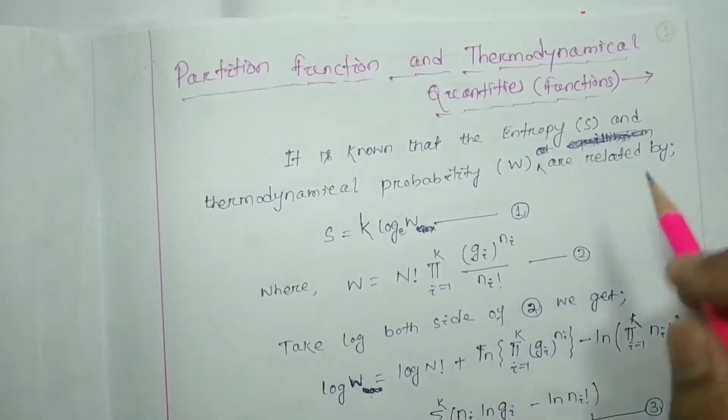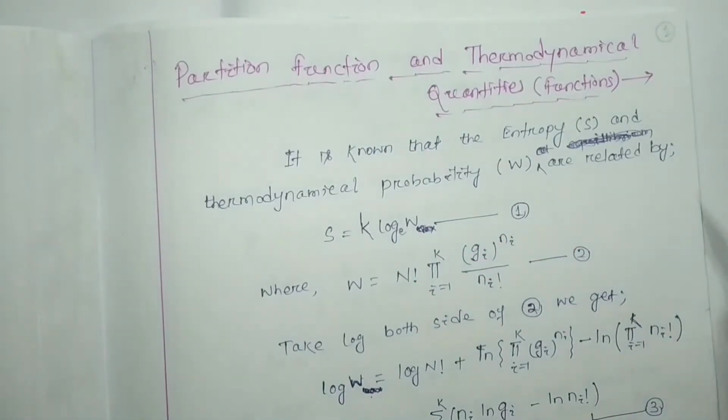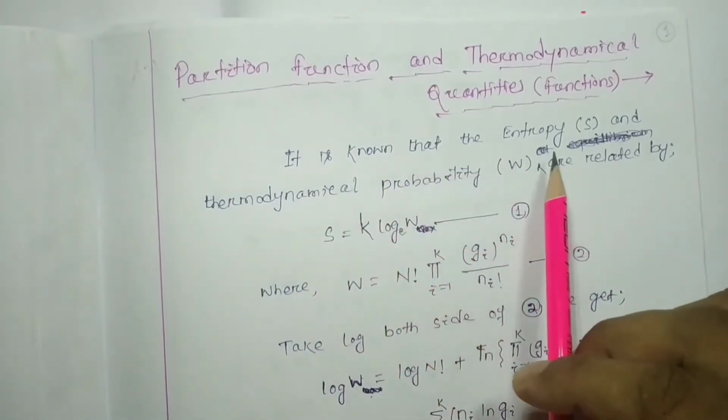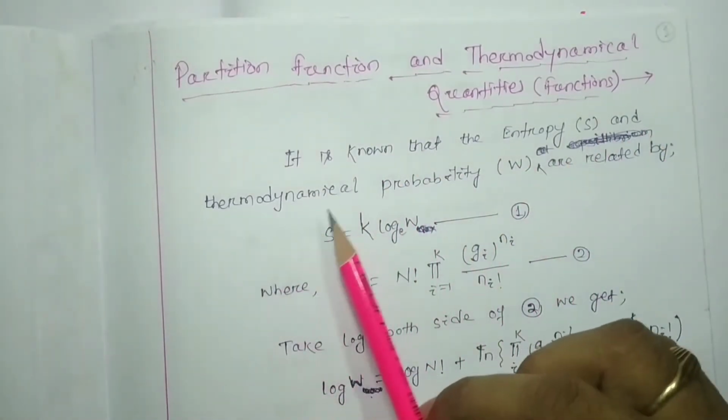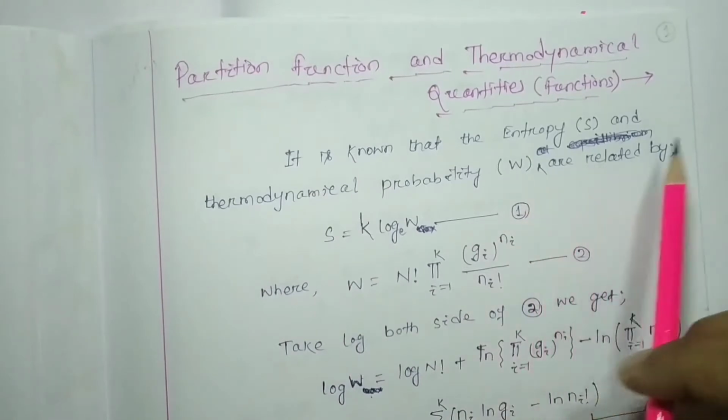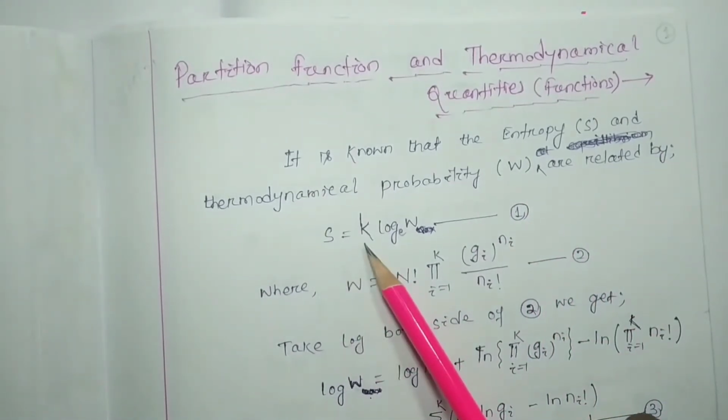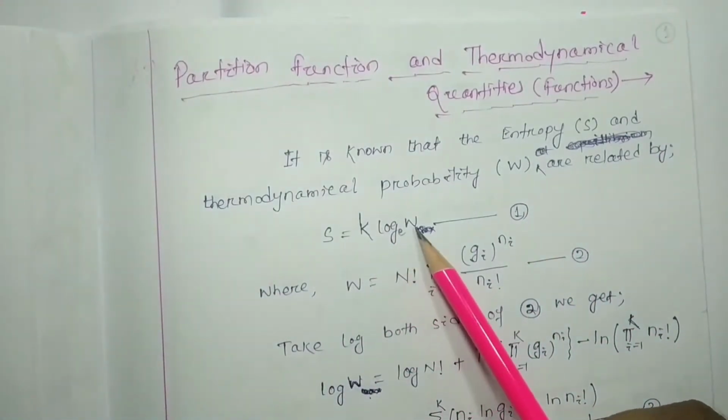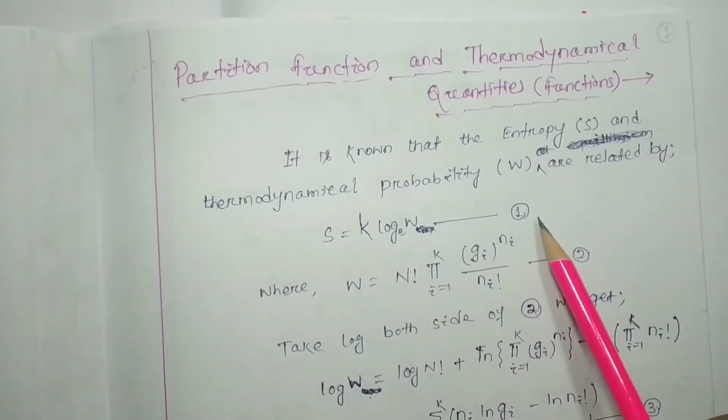We have already discussed this in our last classes. So it is known that entropy S and thermodynamical probability W are related by S equal to k log e W. Let this be equation number 1.